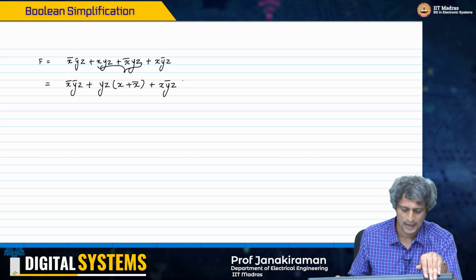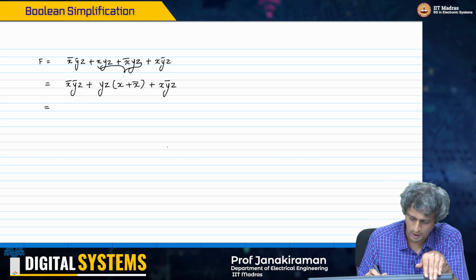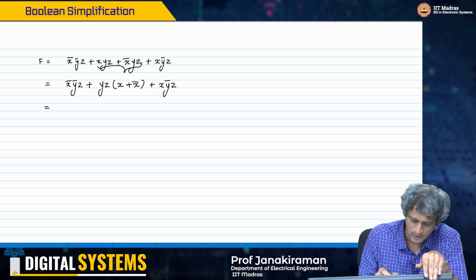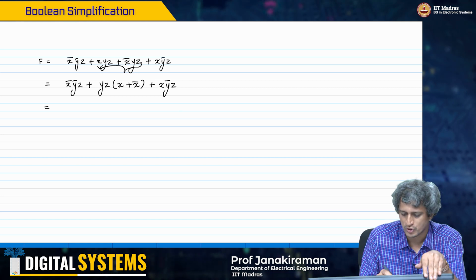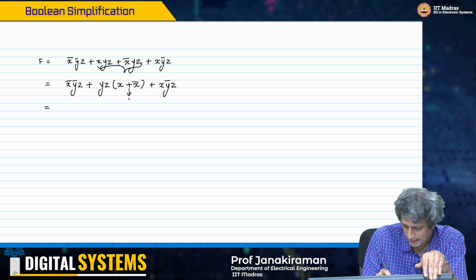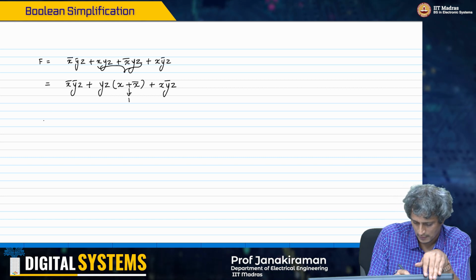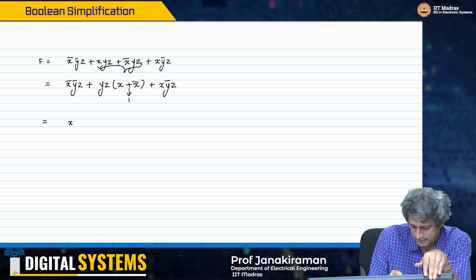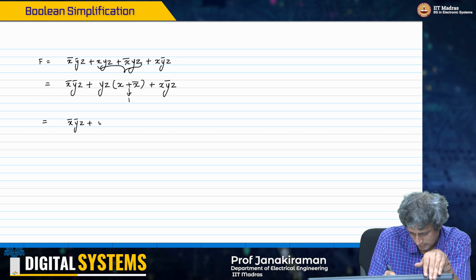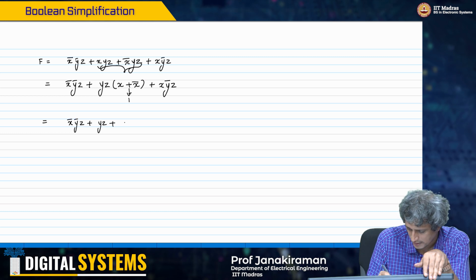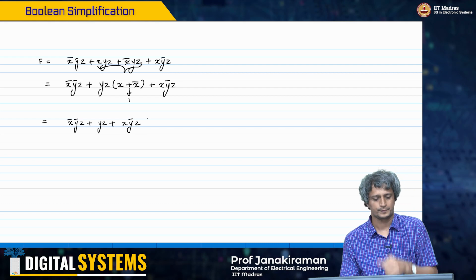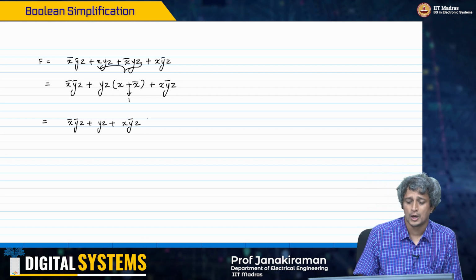This is what I have, and therefore I can reduce x plus x bar as 1, right, and I can write this as x bar y bar z plus yz plus x y bar z, okay.